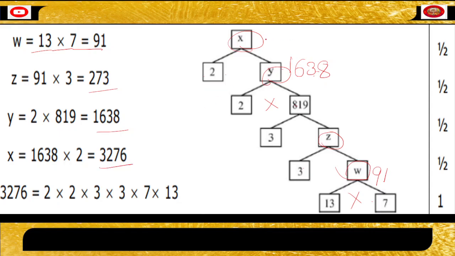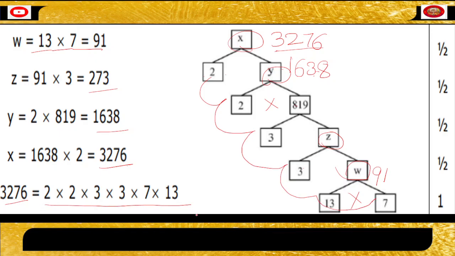The value of x is 3276. They ask the prime factorization form of 3276. That should be 2 into 2 into 3 into 3 into 13 into 7. That is the prime factorization form of 3276.